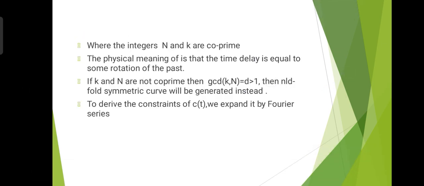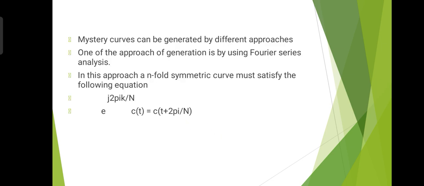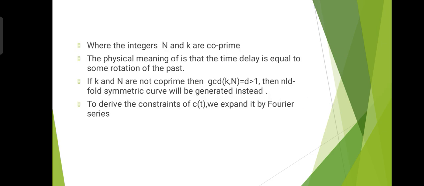Here n and k are co-primes. In the exponential part e^(j2πk/n), k and n are defined as integers, and n and k are co-primes.